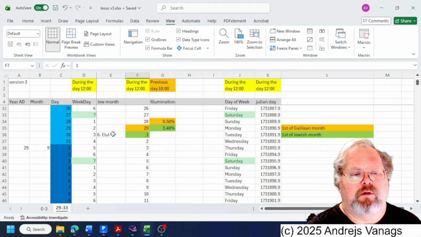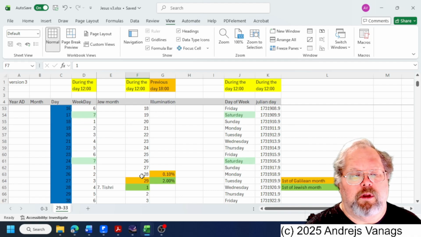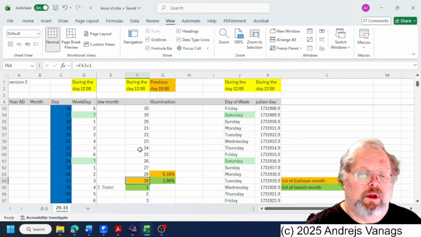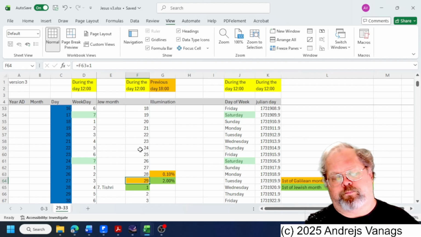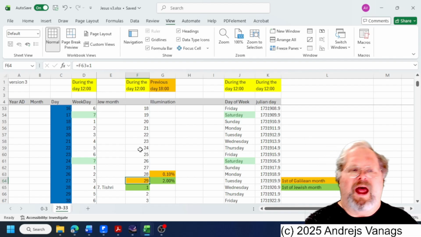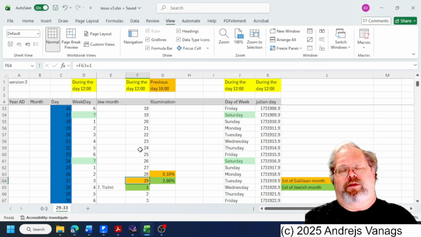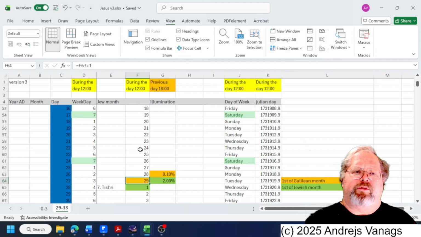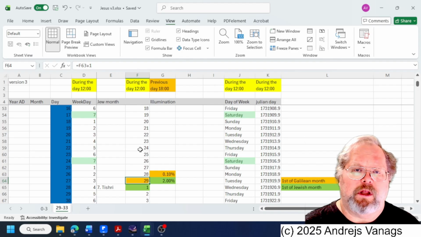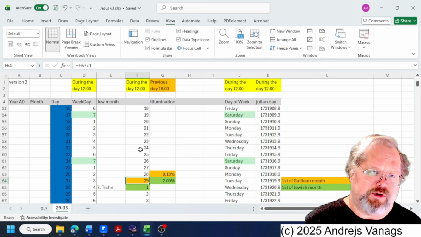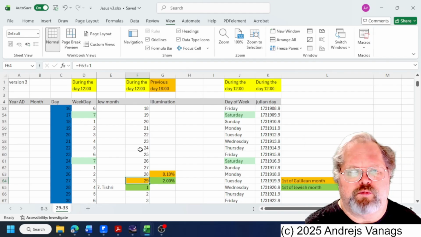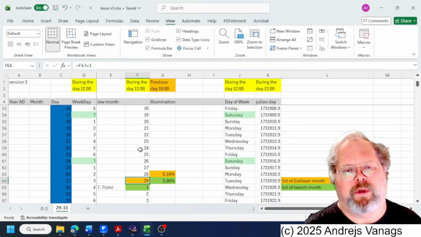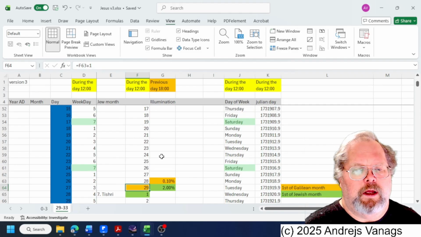The sixth month, the month of Elul, would be, in this case, 29 days, etc. Now we can start adding additional things to it. But one thing I didn't talk about in the last episode was the intercalation of the leap day and the intercalation of the Jewish month. So now we can check for it.